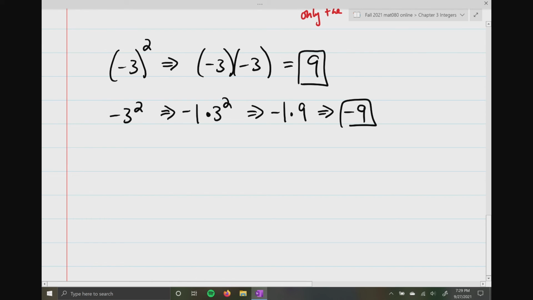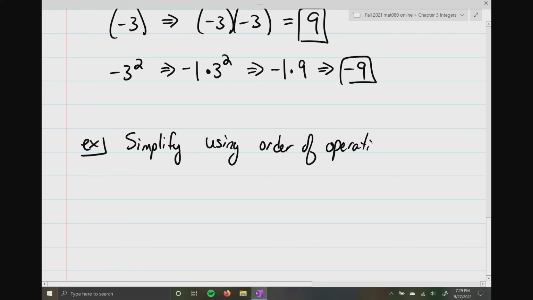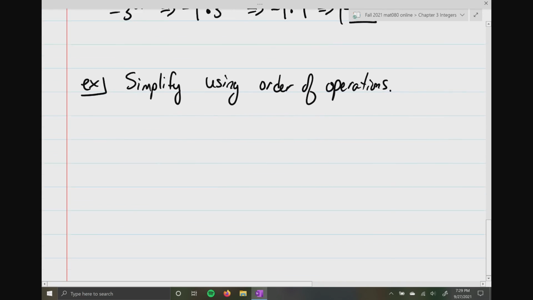Now, just to end this lecture, we're going to simplify a bunch of problems using the order of operations. So here's our first one.